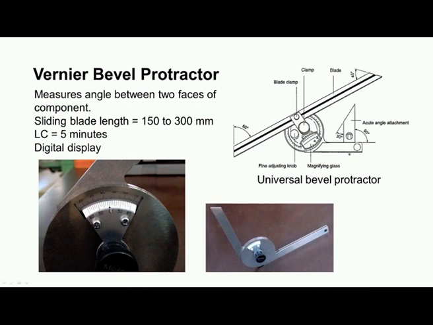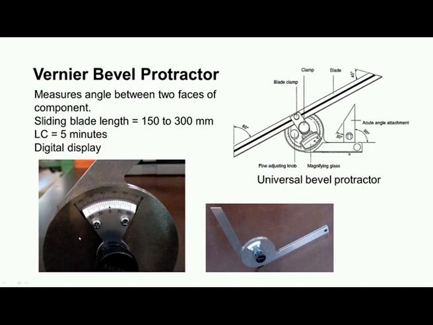This is the 0 reference. Towards one side it shows 60 minutes, and the other side it shows 60 minutes. The least count for this vernier is 5 minutes. That means 5 minutes, 10, 15, 20, 25, 30 minutes. Each degree is divided into 12 parts, each part representing 5 minutes.